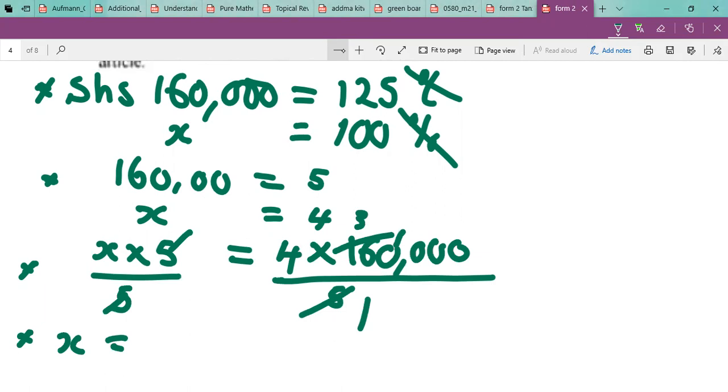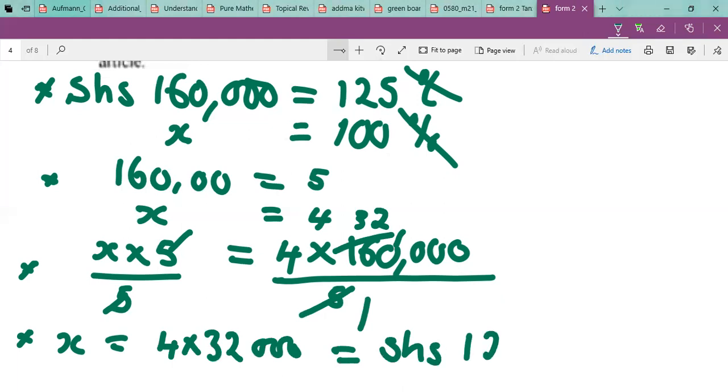And that into 10, it is 2. So our answer will be 4 times 32, which will give us 128,000 shillings.